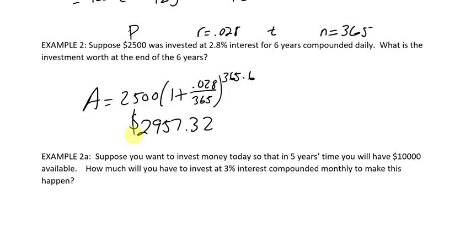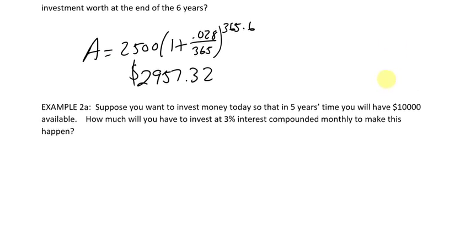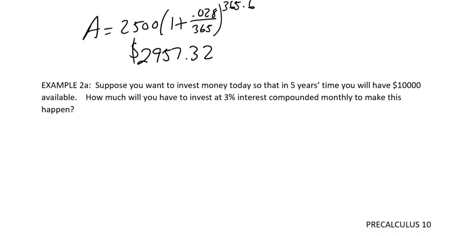And one last example. Suppose you want to invest money today so that in 5 years' time you will have $10,000 available. How much will you have to invest at 3% compounded monthly to make this happen? Well, let's then look at that. We still have our formula. A equals P, 1 plus R divided by N to the NT power.